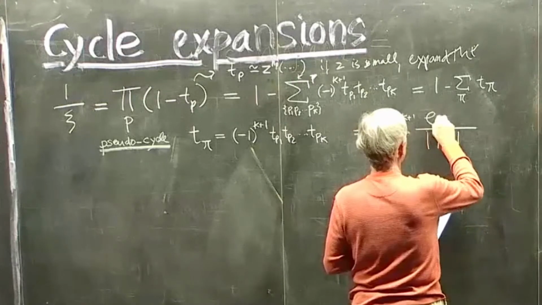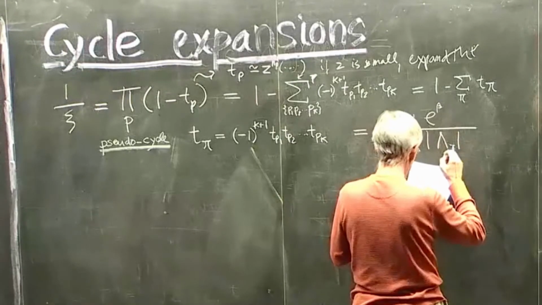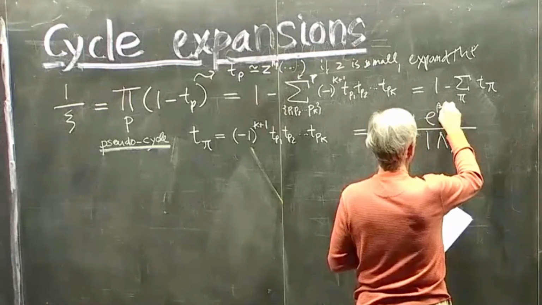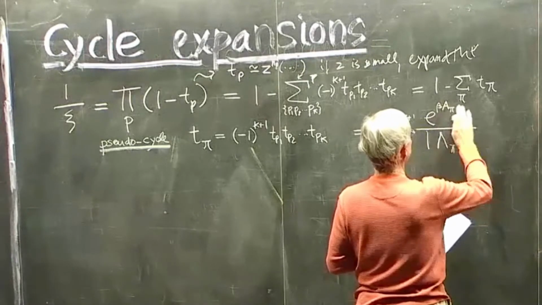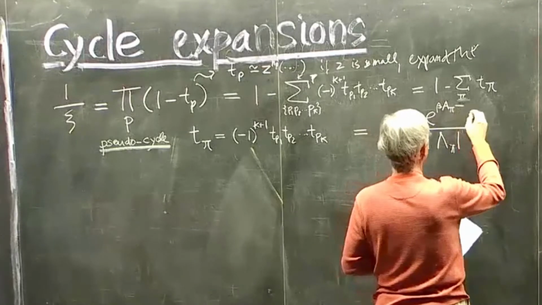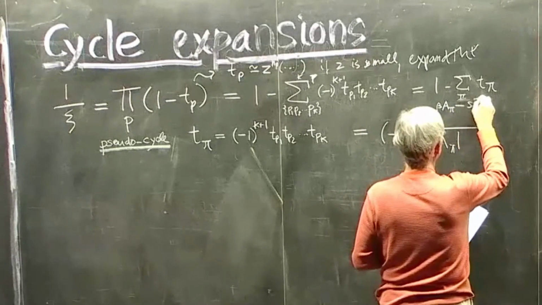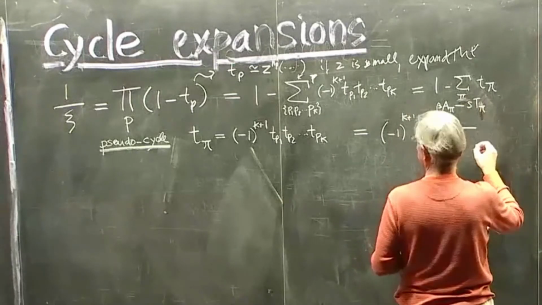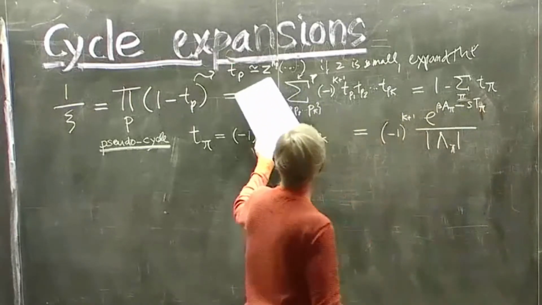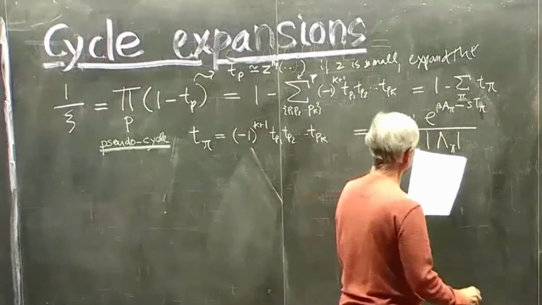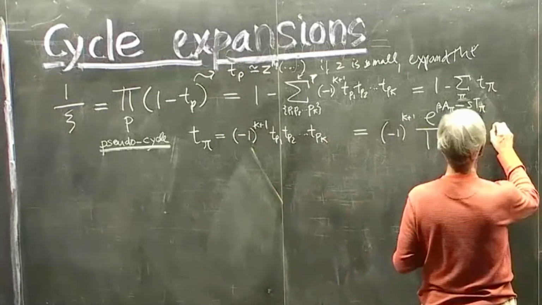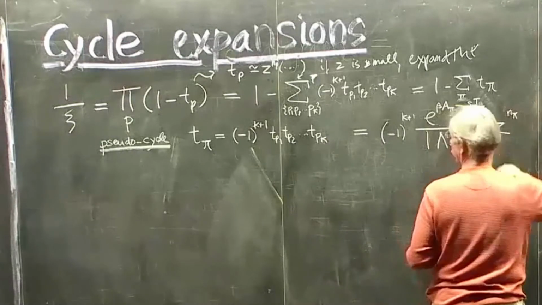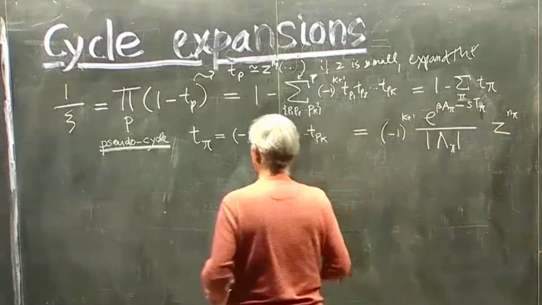And upstairs, it has this parameter beta, which we find convenient to manipulate observables. Observable computed on the pseudo-cycle minus beta times the period of the pseudo-cycle. And if you insist on having this discrete time z to the n, and things that count topological weight, you could also put here an n pi.